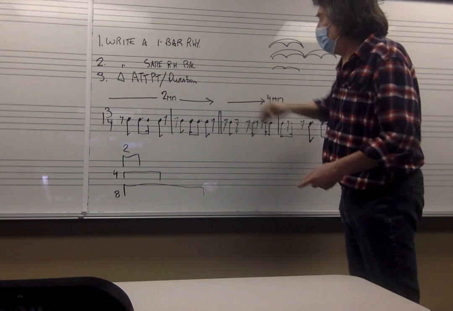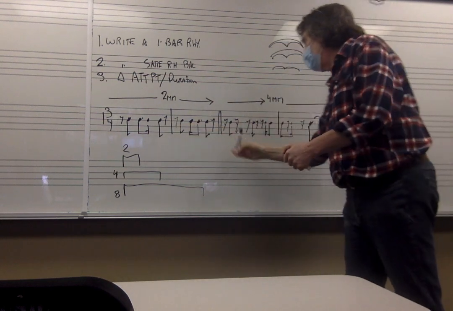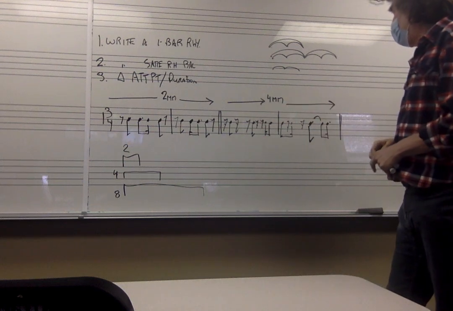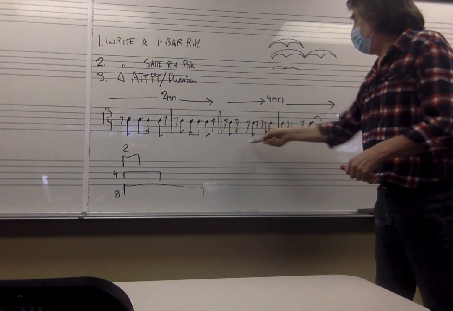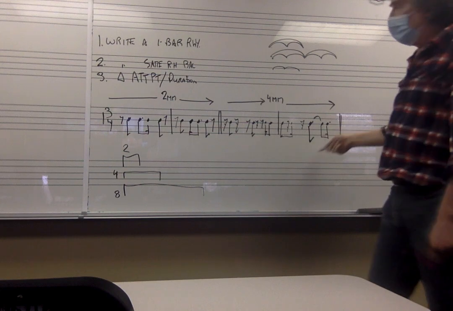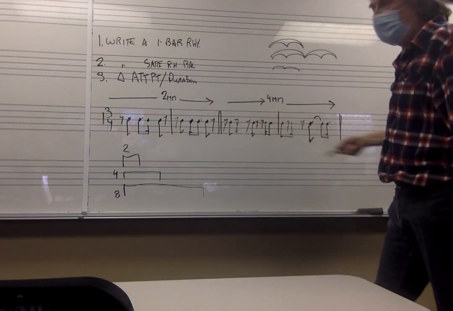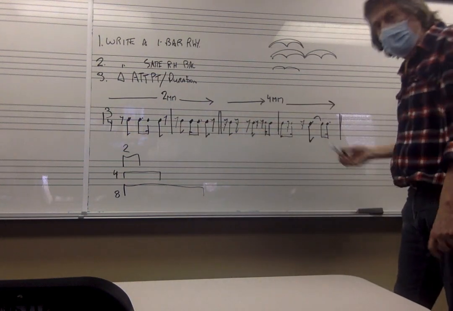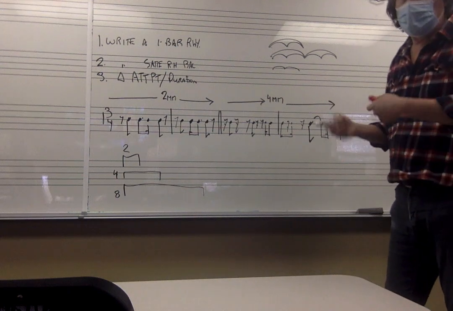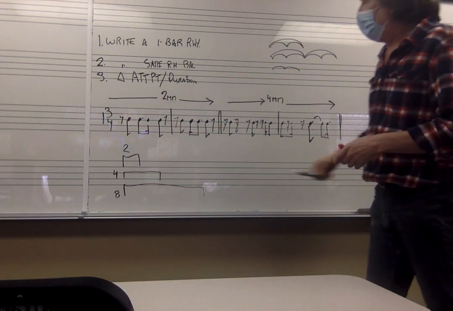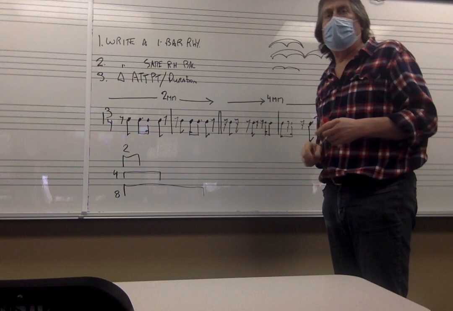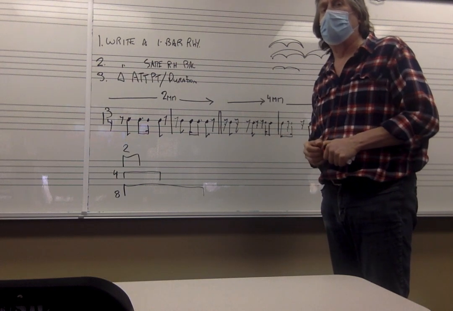And then for each one of the notes working backwards, you vary either the attack point or the duration to get another 2 measures, another 4 measures, another 8 measures, another 16 measures, et cetera, et cetera. So it's a quick way of generating a lot of interesting, or possibly interesting material.